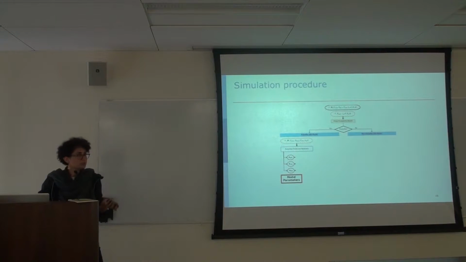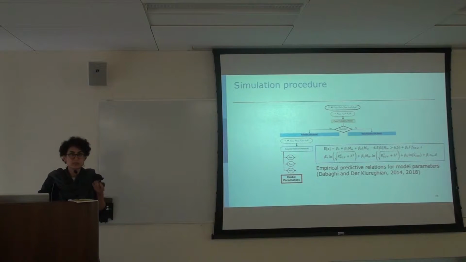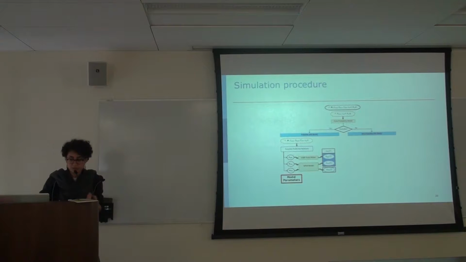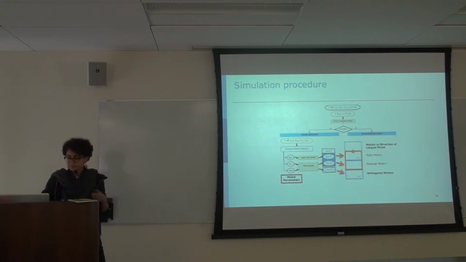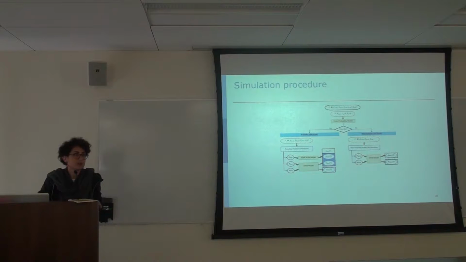Then, if we want to simulate a pulse-like motion, we use empirical predictive relations for pulse-like parameters that we've developed to generate the model parameters. We plug them into our model to get the synthetic time series. I'm sorry, I guess the graphics here are not very clear. And we do the same if we have a non-pulse-like ground motion to simulate.